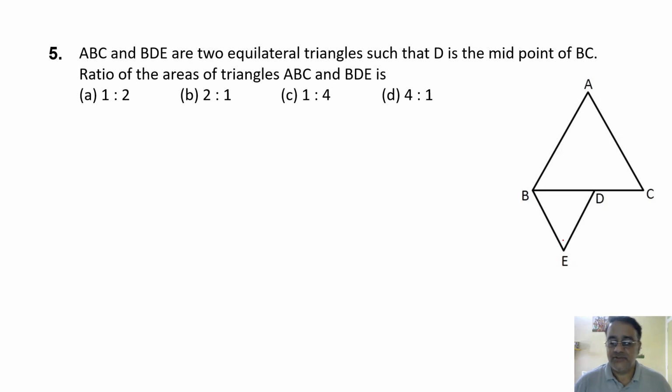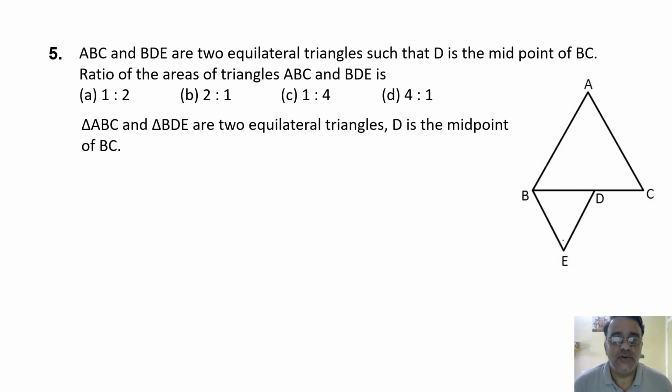So D is the midpoint, right? Now we know that all equilateral triangles are similar, और इसका each side हम लोग अगर 2a लेंगे तो ये A और A हो जाएगा. That means each side of the smaller equilateral triangle will be A, right?